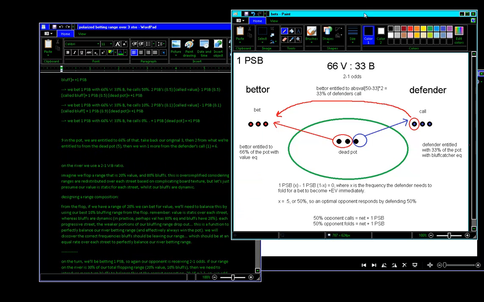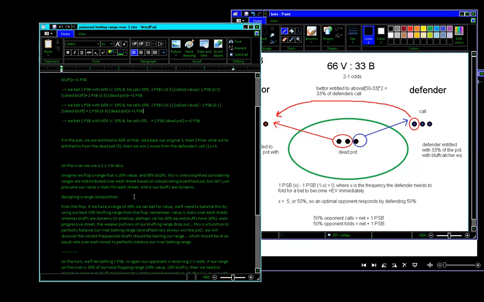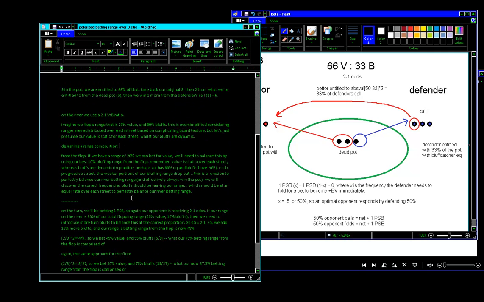Okay, so now we've discussed this dynamic on the last street of the game. We have a good introduction. We should be strong enough in our foundations of how this dynamic plays out, but we can create a range composition over multiple streets.